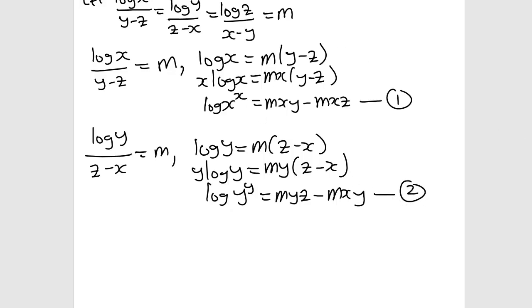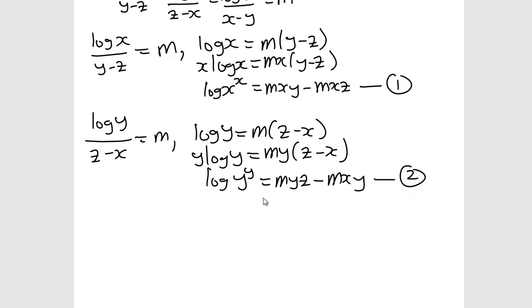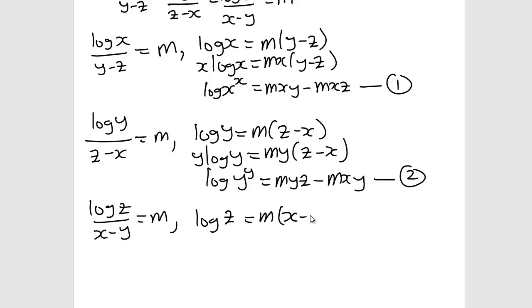Then let's do the same for the last term. We have log of z all over x minus y equal to m. Multiplying through by the denominator, we have log of z equal to m into x minus y. And then multiply through by z.